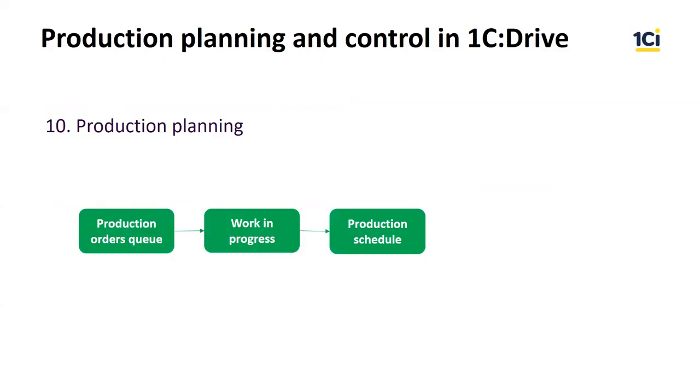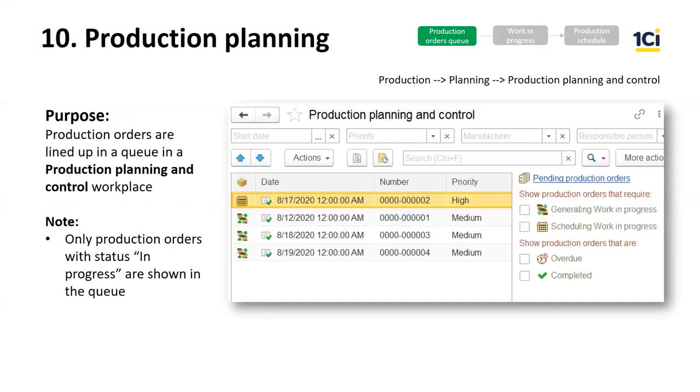So let's see it in more detail. This is how the production planning and control tool looks. Here we see the queue of production orders, the filters pane, and only production orders with status in progress are shown here.